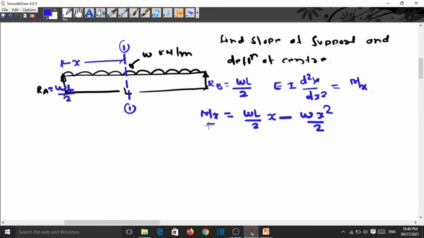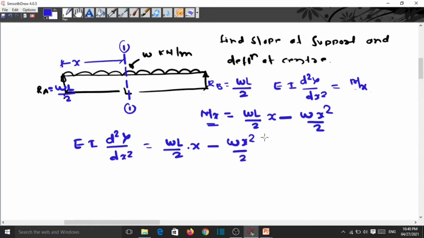Put this Mx into the differential equation of the elastic curve. So EI d2y by dx square is equal to WL by 2 into x minus Wx square by 2. Here we don't show the section because it is only one section.